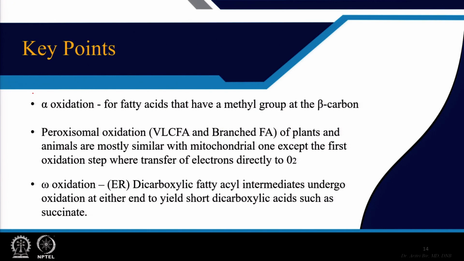Then we discussed omega oxidation, which occurs in endoplasmic reticulum, and there is formation of dicarboxylic fatty acid. Remember once again that the product of omega oxidation is a dicarboxylic fatty acid, which enters mitochondria for further breakdown through beta oxidation.